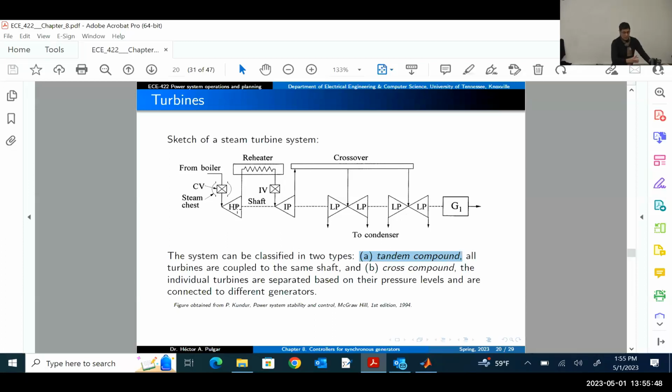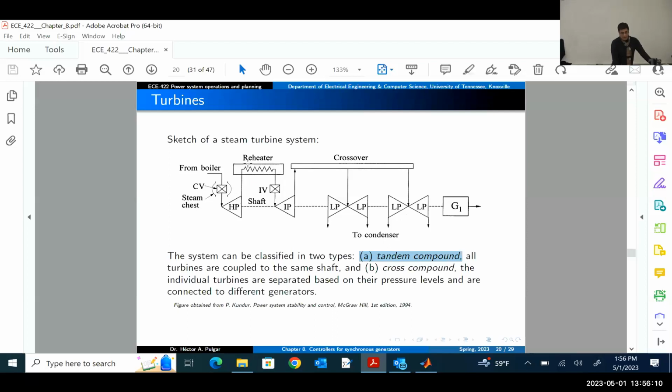Some of the energy in the steam will be converted into torque that will be sent to the shaft. But some of that energy will leave the turbine, will not be able to convert all that into torque, and that steam will be reheated.